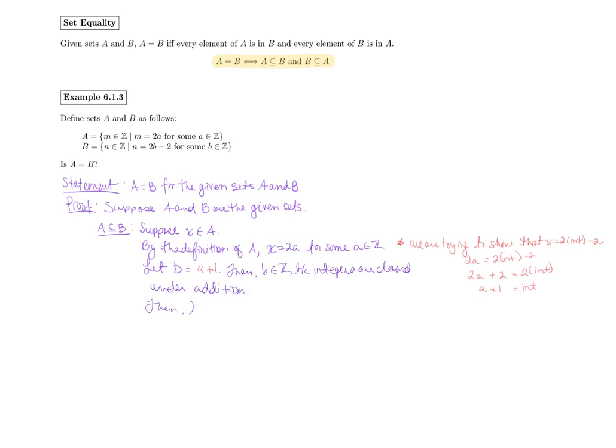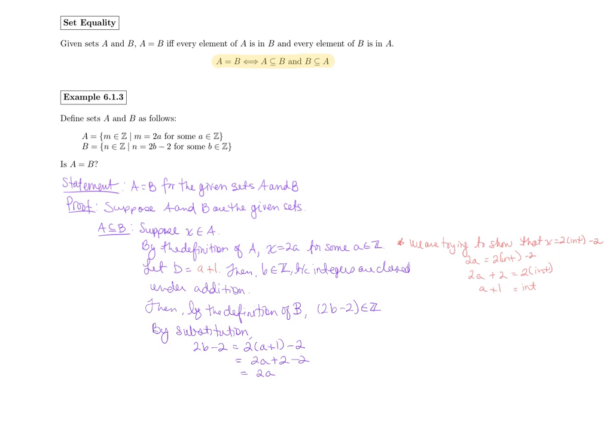Then, by the definition of B, 2b minus 2 is in the set B. So by substitution, we can see that 2b minus 2 is equal to 2 times a plus 1 minus 2, or 2a plus 2 minus 2, which is 2a.